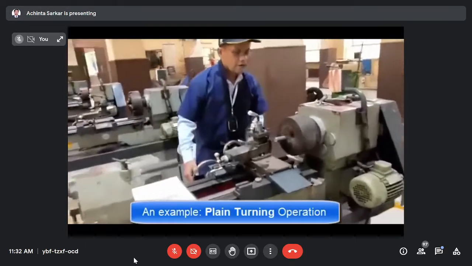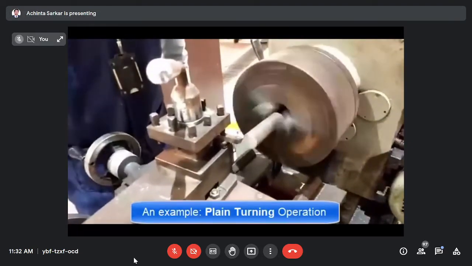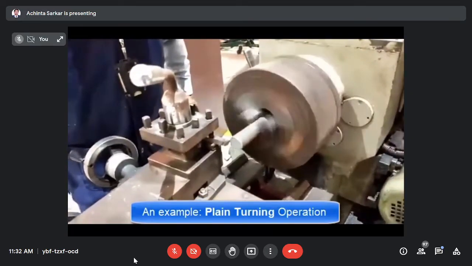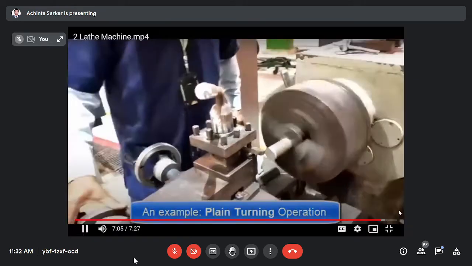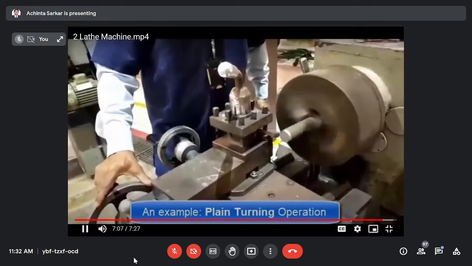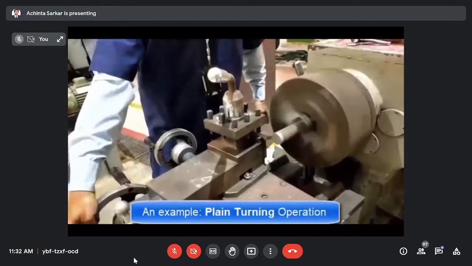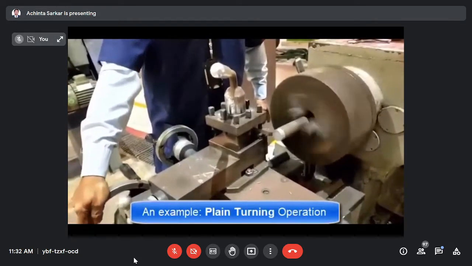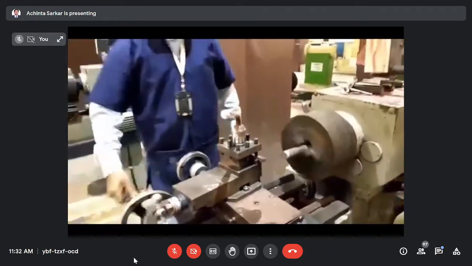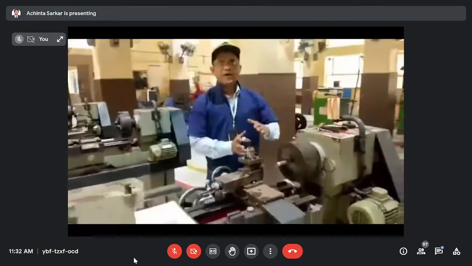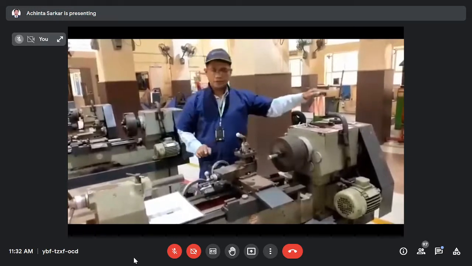It is heating the metal, and I am sliding and moving it along the axis of the workpiece, reducing excess or unwanted metal and producing a cylindrical job. This way is known as turning. And the machine by which this type of operation is carried out is called a lathe machine.